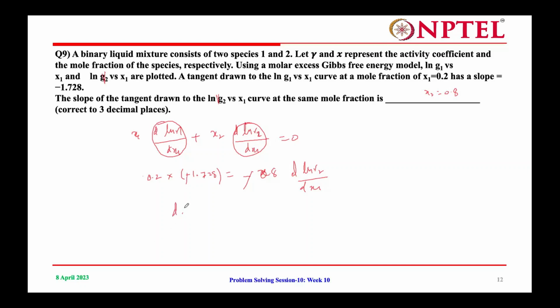So d ln gamma 2 / dx1 equals 0.432. So this is the slope of the tangent drawn to the ln gamma 2 versus x1 curve at the same mole fraction, right? Have all of you got it clear or not? Yes, sir.